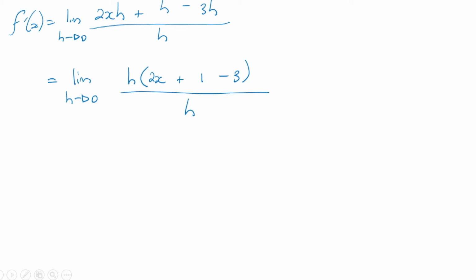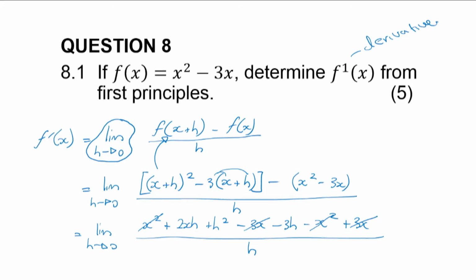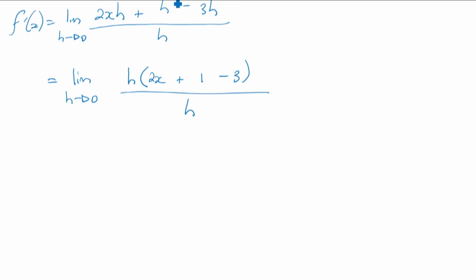I have a feeling I've made a mistake. It's h squared. Okay, h squared. So this is going to be h. Now we can cancel over here and over there. This is going to give you the limit as h tends to 0 of 2x minus 3 plus h, and all of this is divided by 1.